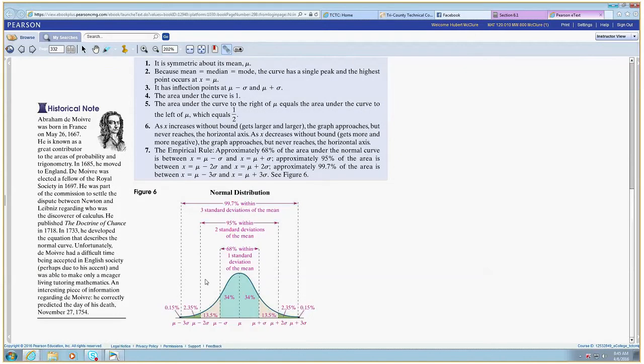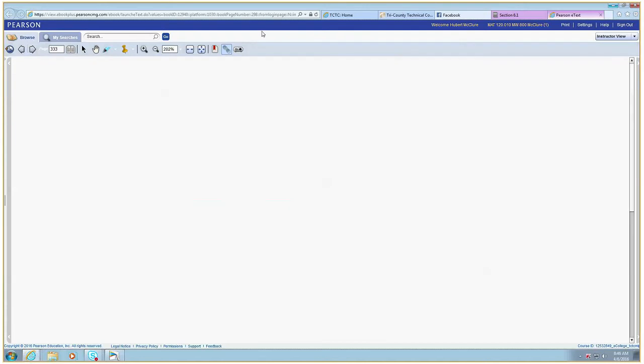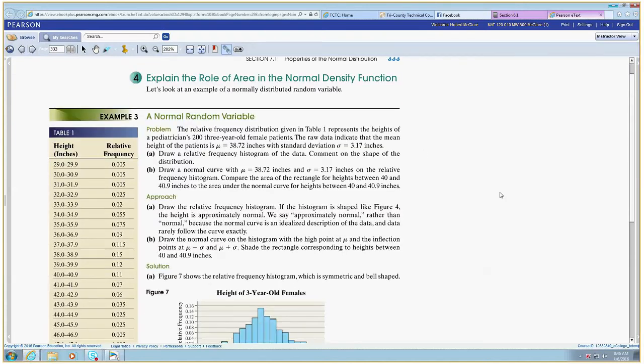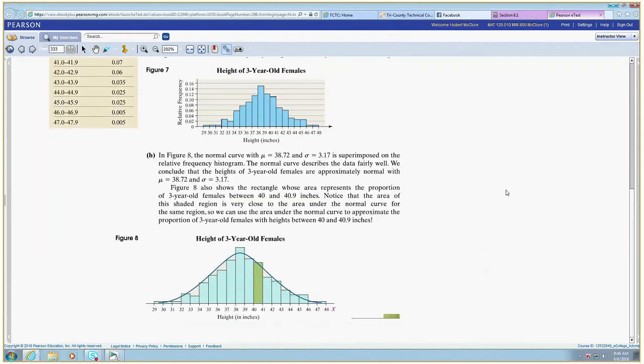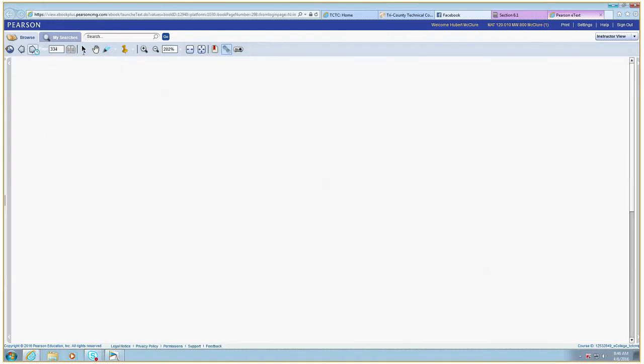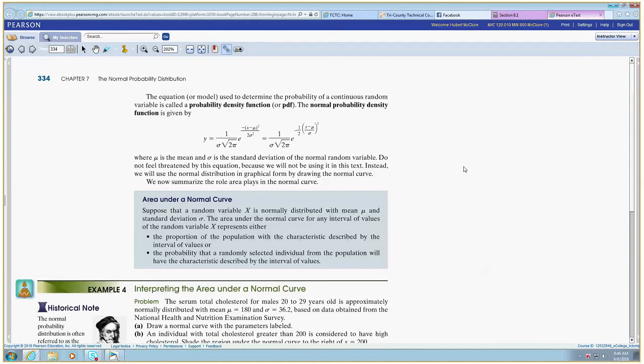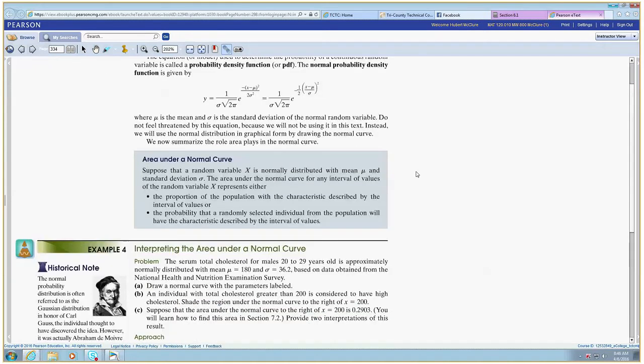There's your empirical rule right there on page 332. They're reviewing that for you. They're showing you what a curve looks like. I think y'all know what a curve looks like. There's the area under the curve. So you can put that as page 334. Area under a curve is the probability.